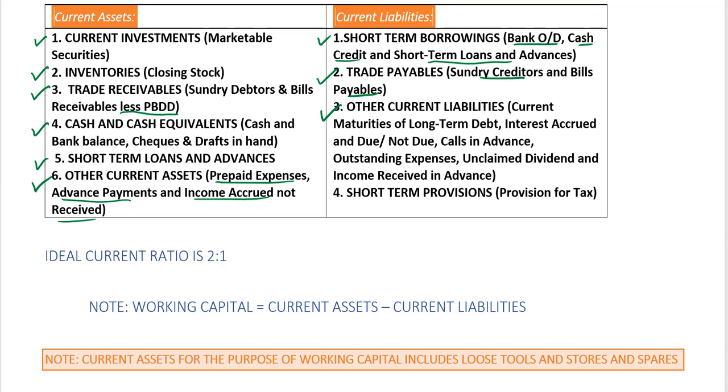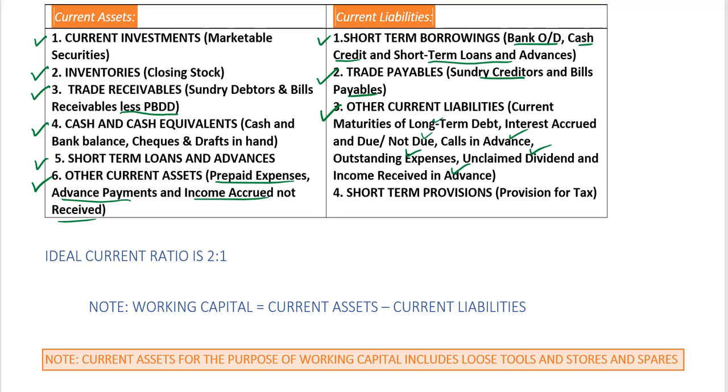It would also be specified as current maturities of long-term debt, interest accrued and due or interest accrued and not due, calls in advance, outstanding expense, unclaimed dividend, income received in advance. All this will come under the head of other current liabilities.